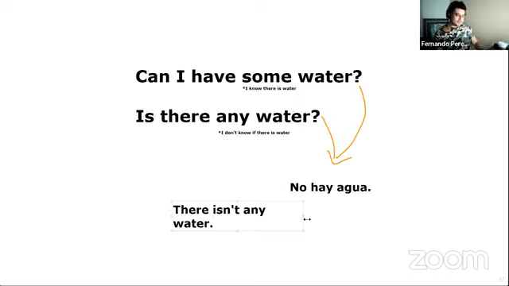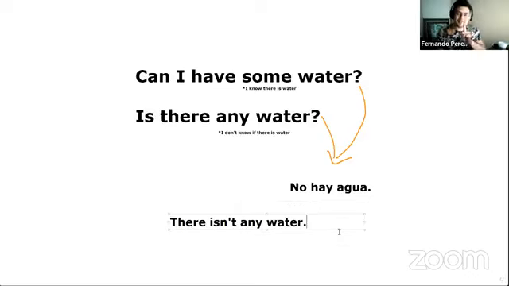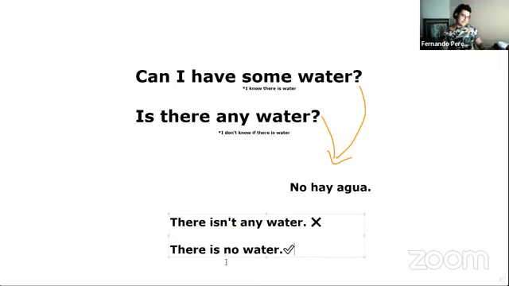That is one option. Option one. But that is not the most common. The correct one should be there is, with positive, no water. The word no is equal to the word zero.